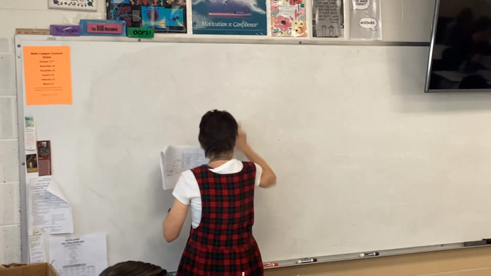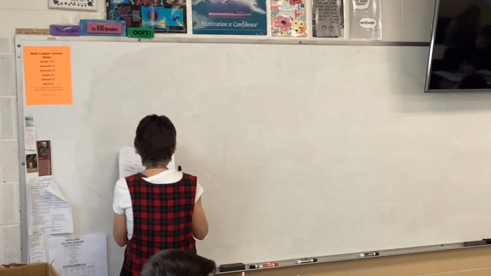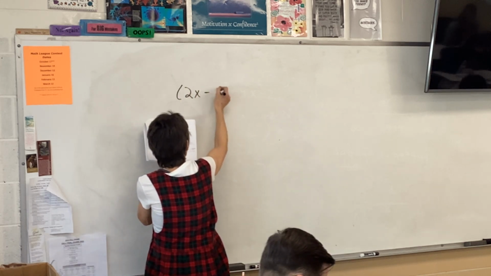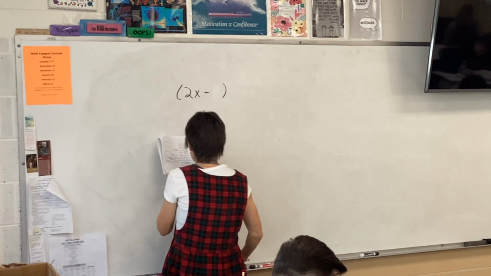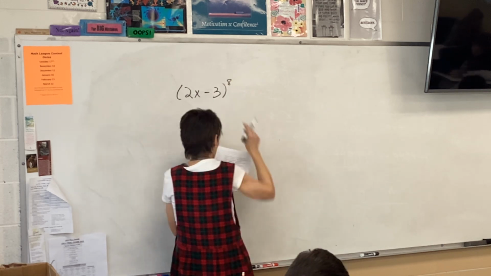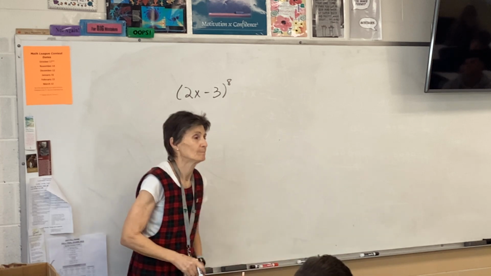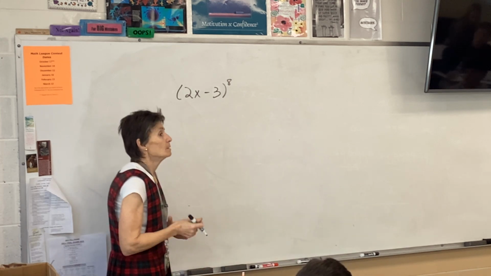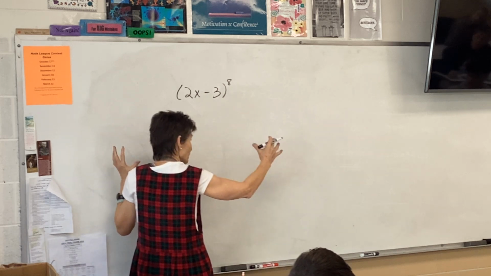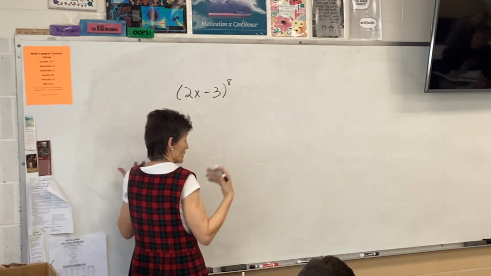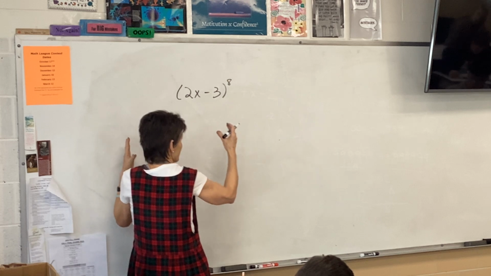What is the third term of (2x - 3)^8? All right, who remembers anything about this? Oh, Pascal. Okay, we know that when we multiply this thing out, and luckily we don't have to, we only want one of the terms.